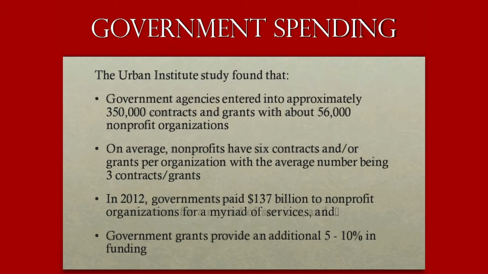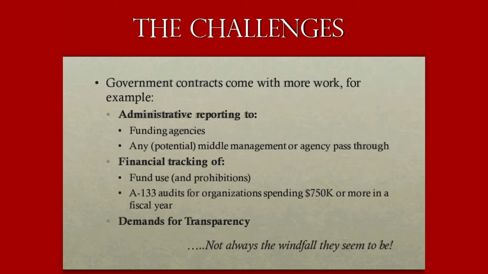As we discussed in the course, and those who are familiar with the course materials know, government contracts bring with themselves their own level of challenges. They often require extensive reporting, both back to the original funding agency, as well as to any potential middle management or agency pass-through.